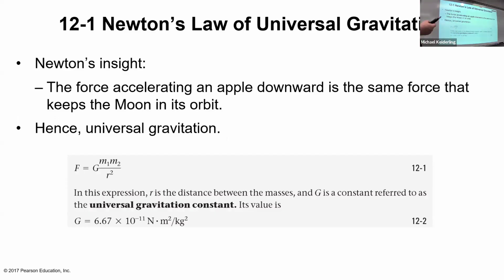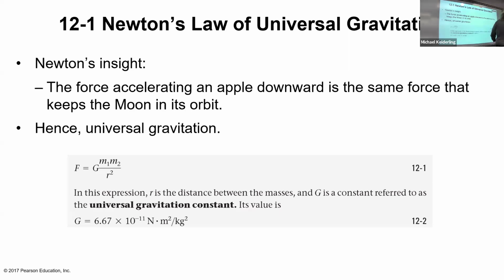Newton's law of universal gravitation: Newton was able to make the insight that the force accelerating an object downwards here on Earth is the same force that keeps the moon in its orbit and causes the orbits of the planets. Hence, universal gravitation.